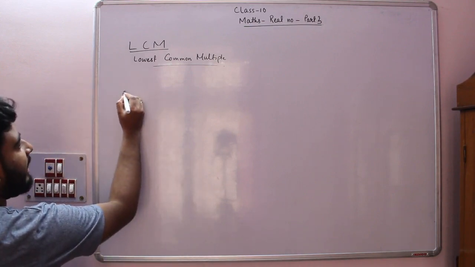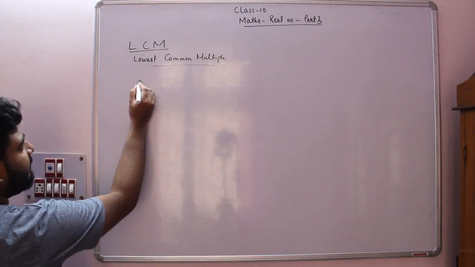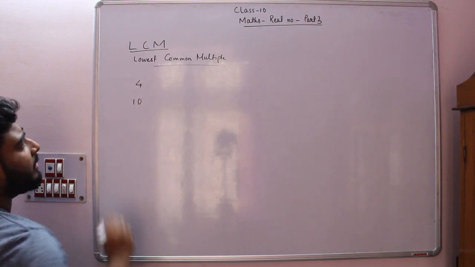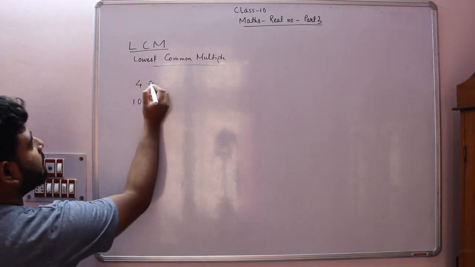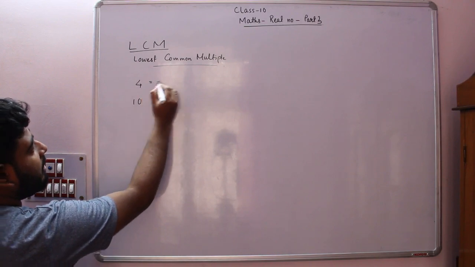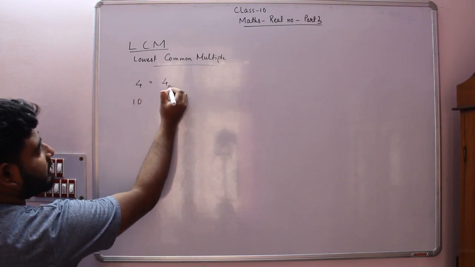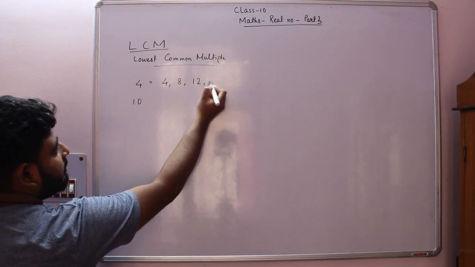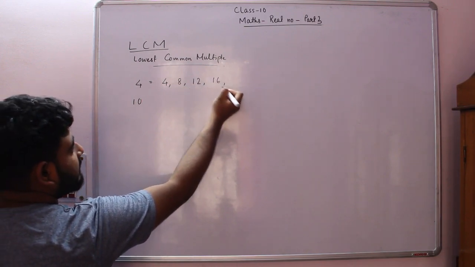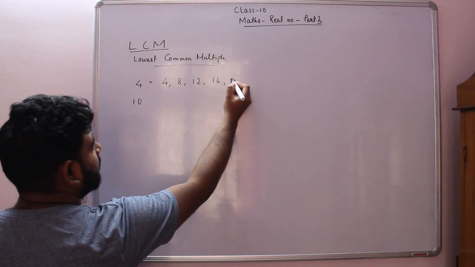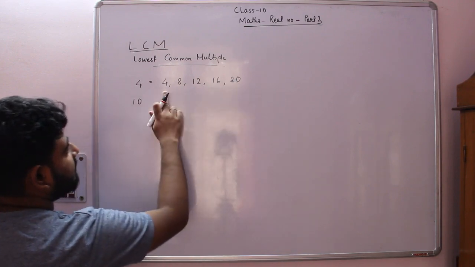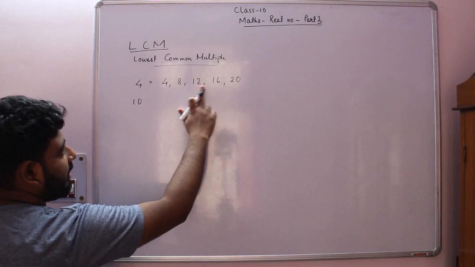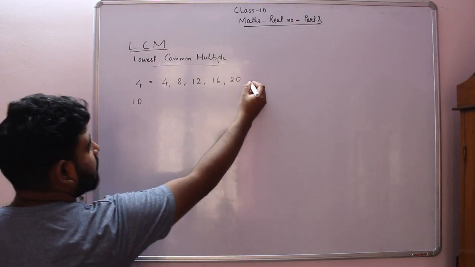Suppose we want to find the LCM of say 4 and 10. What are the multiples of 4? 4 1s are 4, 4 2s are 8, 4 3s are 12, 4 4s are 16, 4 5s are 20, and so on.